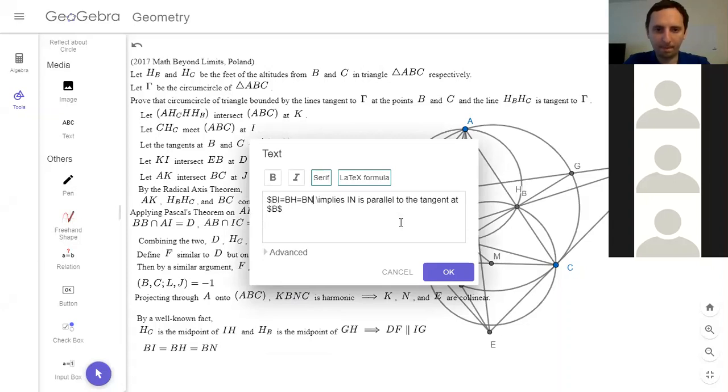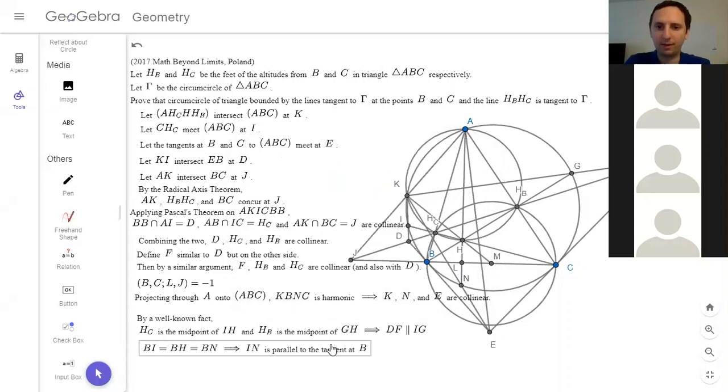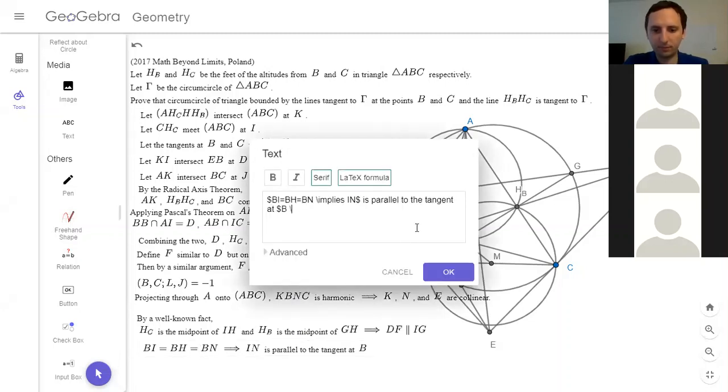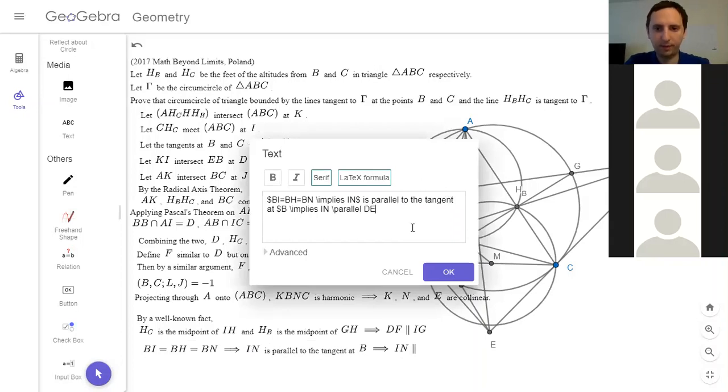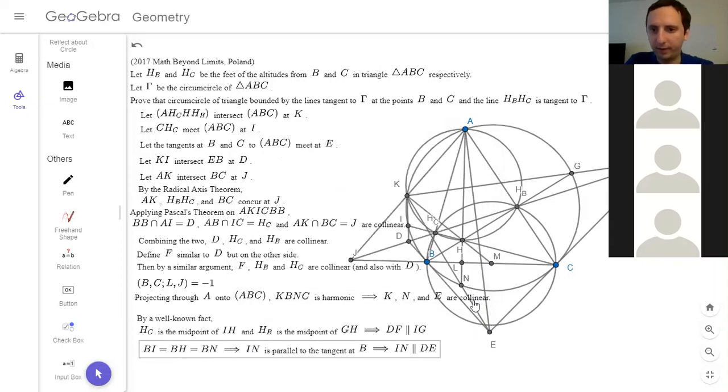So that means IN is parallel to DE. Yeah. And then similarly, actually that's really all we need. So the homothety at K takes KI and G to KDEF.